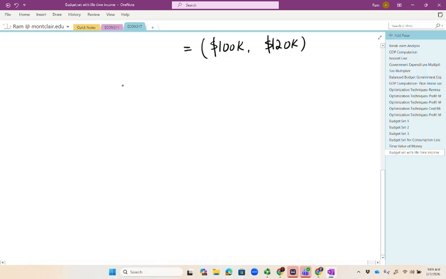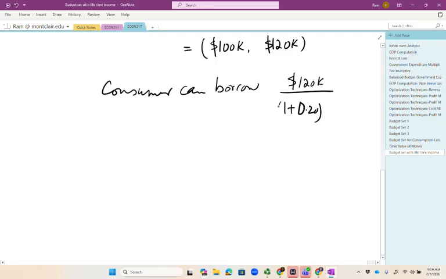So for that, we will see the consumer borrow, knowing that 120K is the future income and the interest rate is 20%. So I'll write 120K over 1 plus r, which is 0.20, received at 1 year from today. So this is the present value of the future income which the consumer can use to borrow for higher consumption while working.